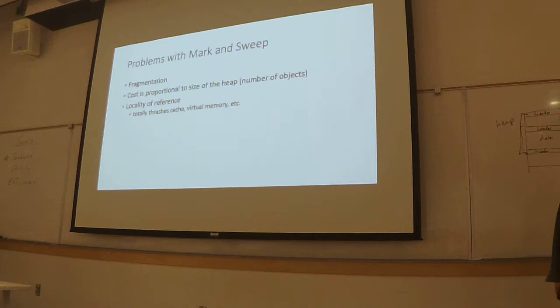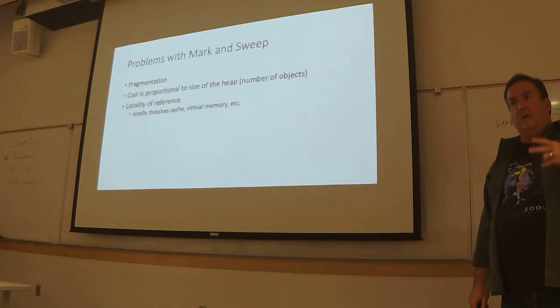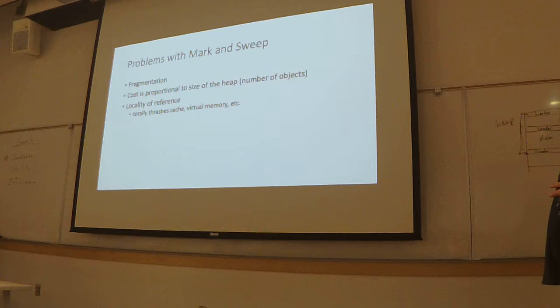The second one is that the cost is proportional to the size of the heap. When people in memory management systems talk about size of the heap, they're really talking about number of objects, not amount of bytes. And so the cost is proportional to the number of objects in the heap because I have to go through and mark them all as cleared.